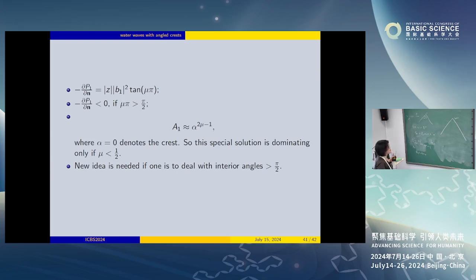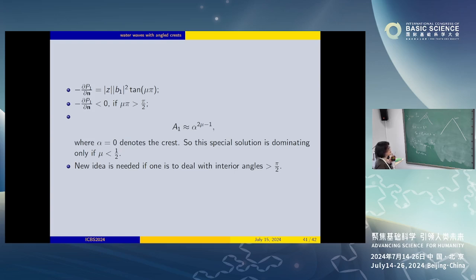You compute for this special solution and find negative dp/dn equal to this. If the interior angle is bigger than pi over 2, then negative dp/dn is less than 0. The Taylor sign condition doesn't hold, so the special solution is not physical. Certainly you don't want to perturb around a non-physical solution, right? That's one reason the angle cannot be greater than pi over 2.